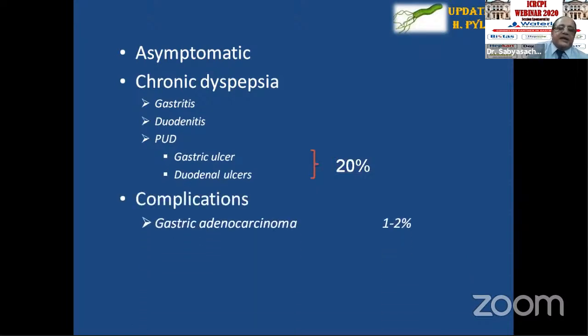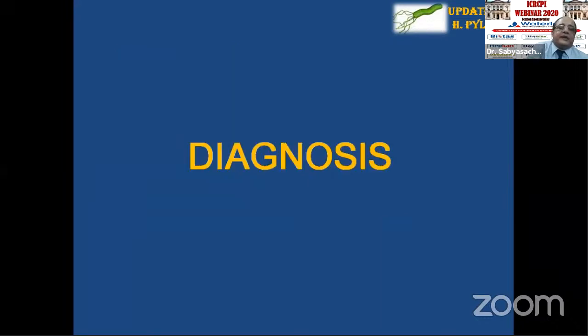Complications include gastric adenocarcinoma up to 2%, gastric lymphoma, mucosa-associated lymphoid tissue lymphoma, which is more common, and very rarely non-Hodgkin's lymphoma. The diagnosis. How do we diagnose?